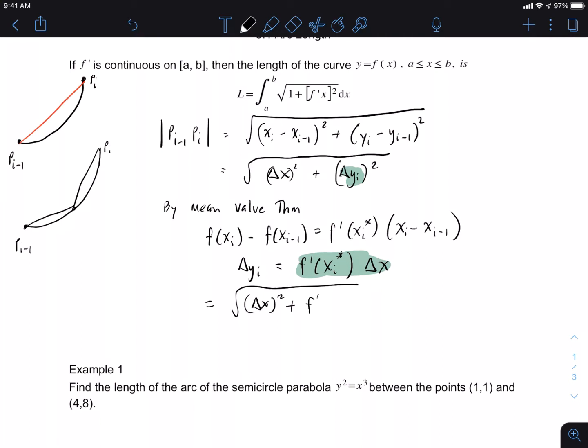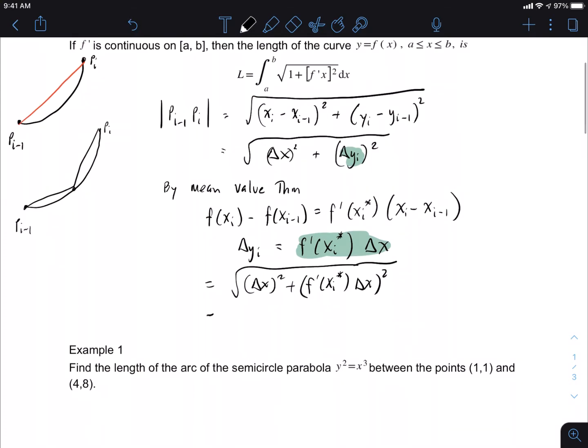And then that has to be squared. So then what we can see here is we're going to be able to pull out a delta x. So we're going to get the root of 1 plus f prime of x sub i star, that quantity squared, with a delta x on the outside. We okay with that?